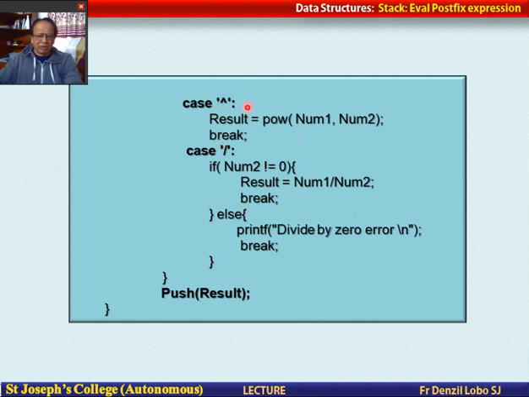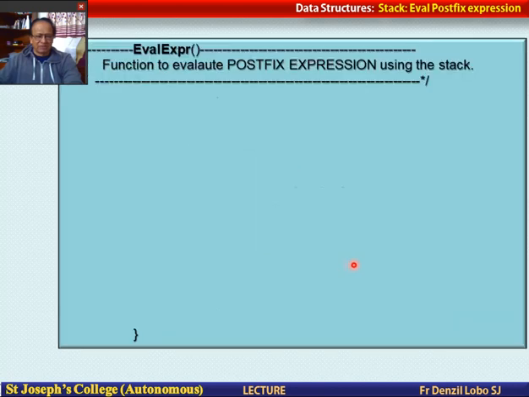If it is power, you use the pow function, which is declared in math.h, and you raise the number 1 to the power of number 2. And if it is divide, first you check whether it is division by 0. If it is not, then you calculate number 1 divided by 2, otherwise you give a message, divide by 0 error, and you push the result onto the stack. That is what is done by this function process.